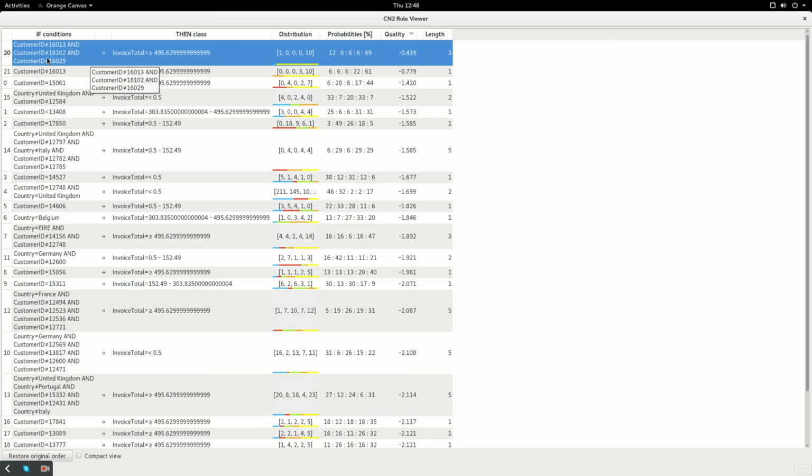So we basically need to ask our account managers, listen, why are these three not making high value transactions? And we have similar rules.